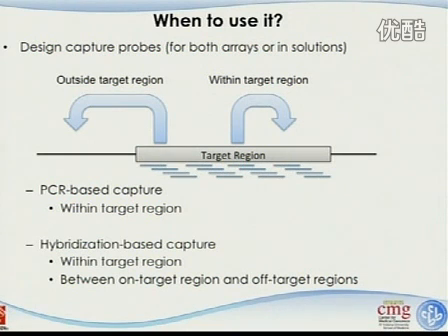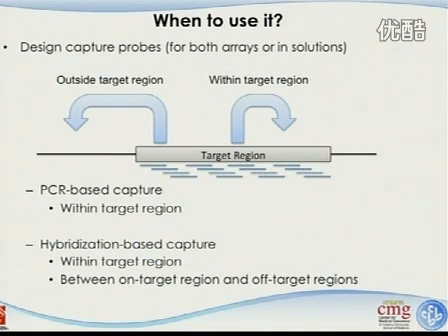And for hybridization-based capture, like capture in solution or capture arrays, you are not only considering regions within the target, you also need to consider regions outside the target as well. Because you are trying to target this part.